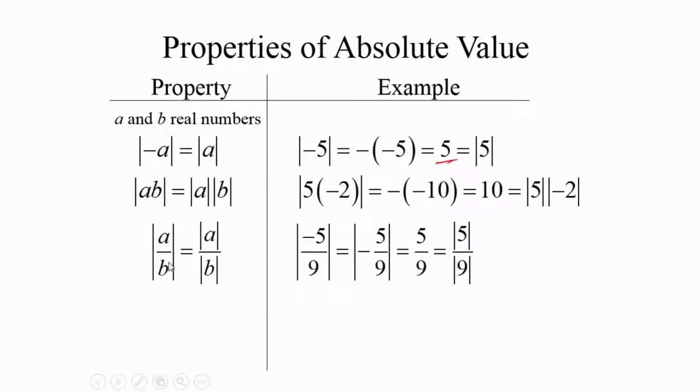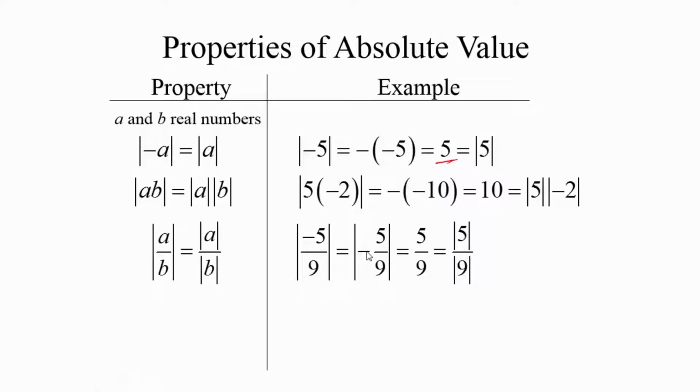When you have division between the absolute value, you can separate the numerator from denominator also. So absolute value of a divided by b equal absolute value of a divided by absolute value of b. So for example, minus 5/9 absolute value of it would be equal to minus 5/9. So the negative can be in front of here either way. Well, it's a negative number.